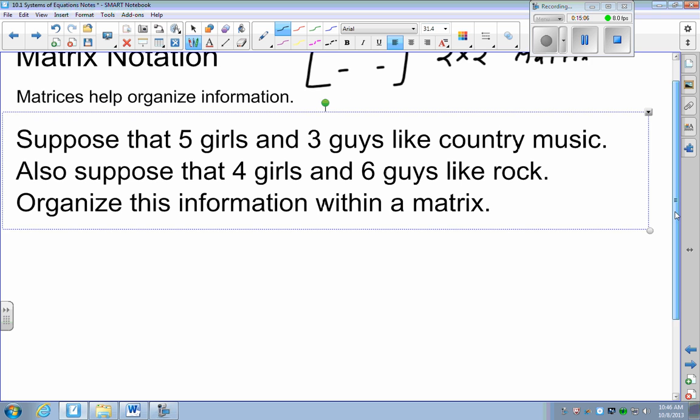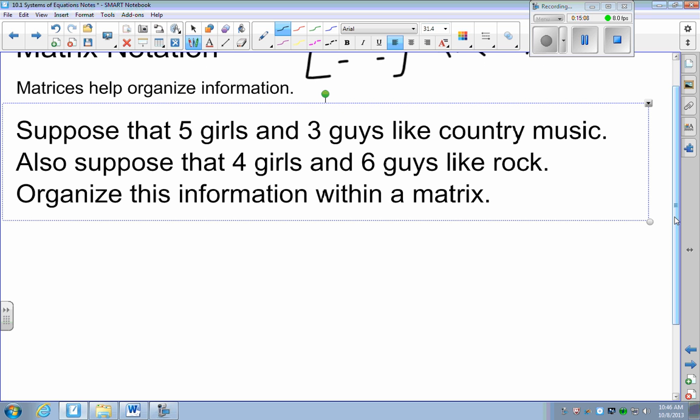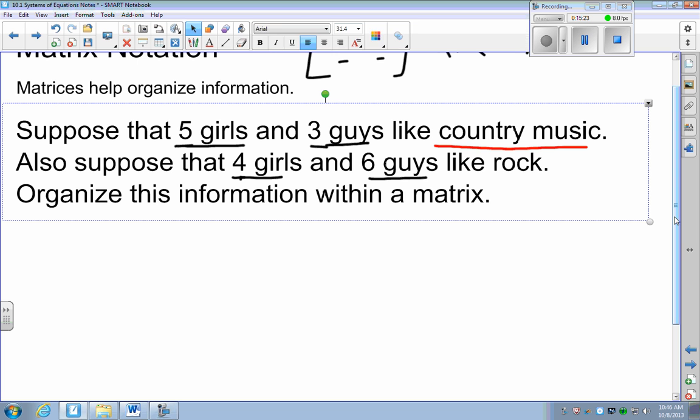So let's write a matrix over this story right here. Suppose that 5 girls and 3 guys like country music, okay? And now that 4 girls and 6 guys like rock. Well, we can organize this information into a matrix by doing the following.